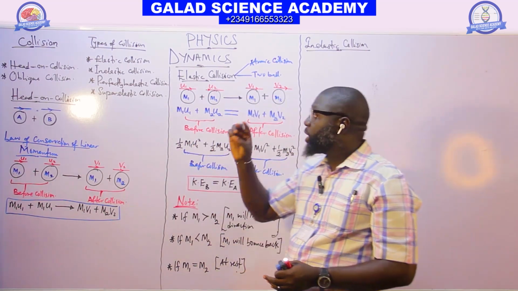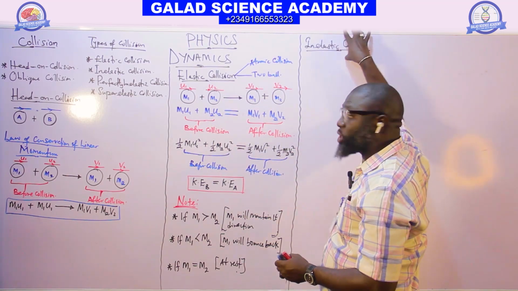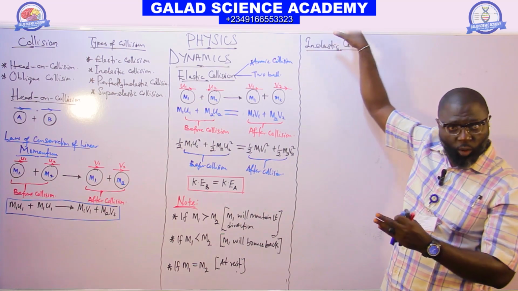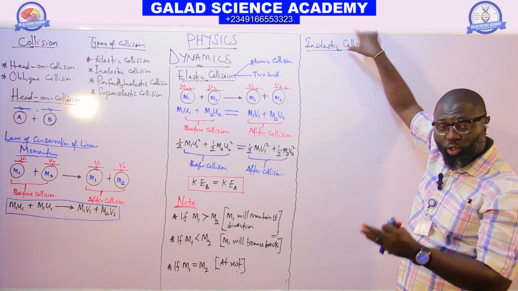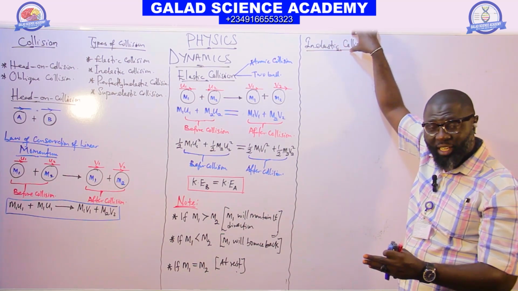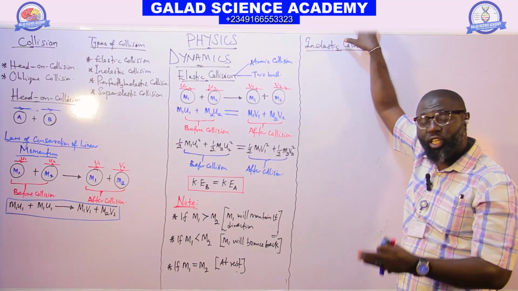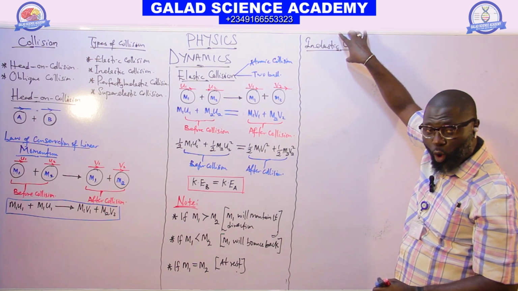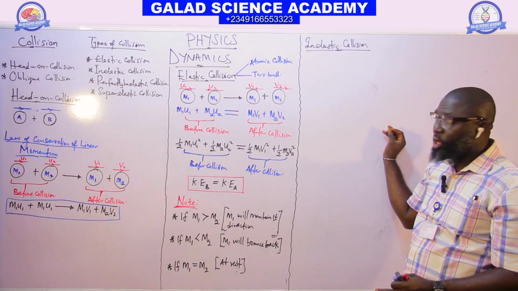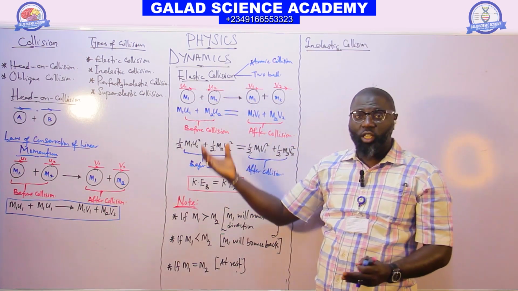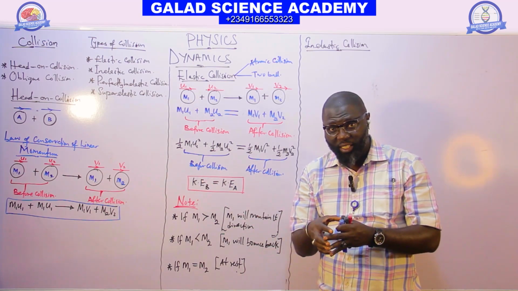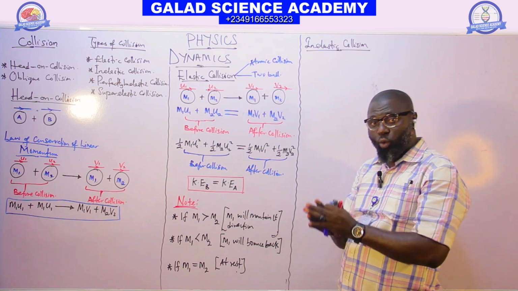Once again, in inelastic collision, only the momentum of the body is conserved, but kinetic energy of the body is not conserved. Loss of energy occurs in inelastic collision. But in elastic collision, both momentum and kinetic energy are conserved, they are equal.